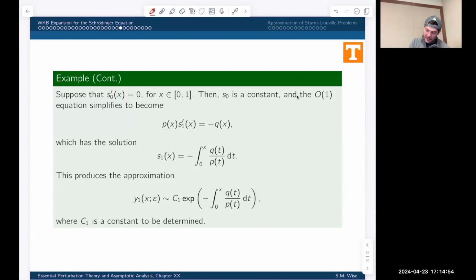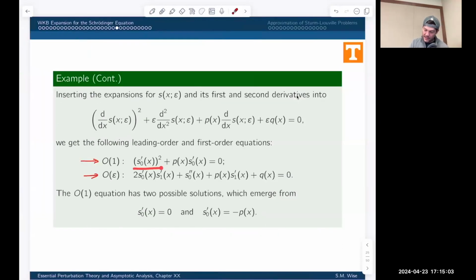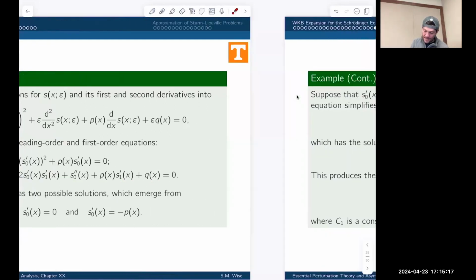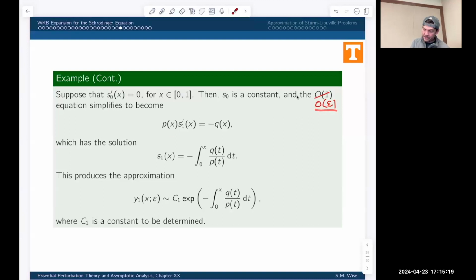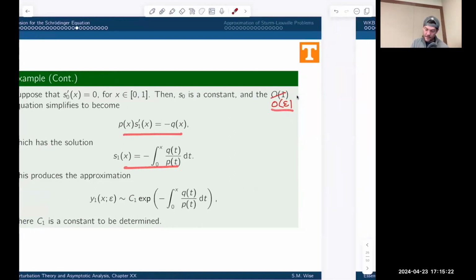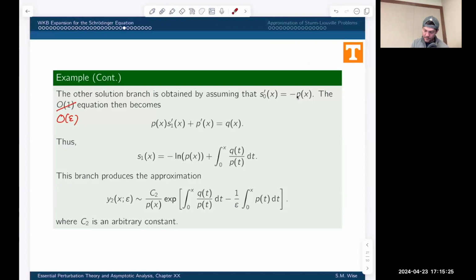I think I made the same mistake here. Right? So this one has no S1 in it. Once we determine S naught, we plug it into this equation. Here, those go away. We can collect terms of S1 prime. So that should be order epsilon. The equation simplifies to that, which is integrable. And then this is the order epsilon equation for the second case, the second branch. I was just confusing myself because I had a typo.